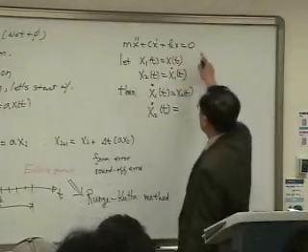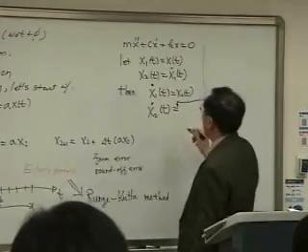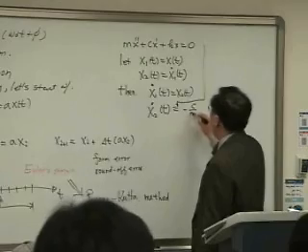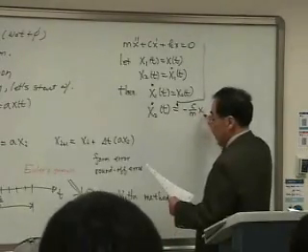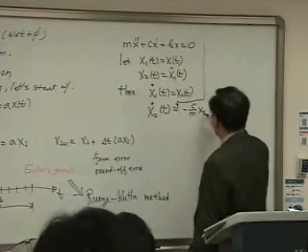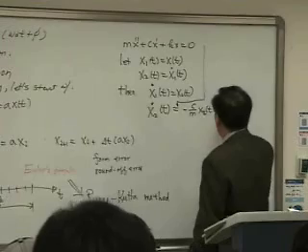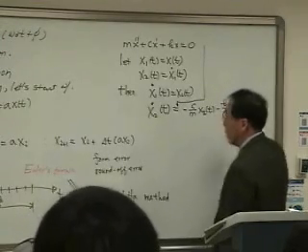Therefore, using this equation, I can write x2 dot (t) is minus c over m x2(t) minus k over m x1(t).